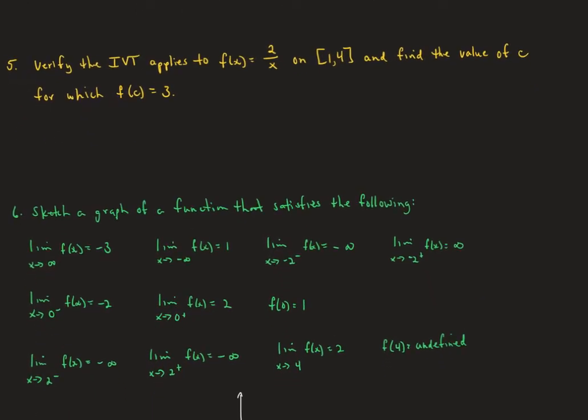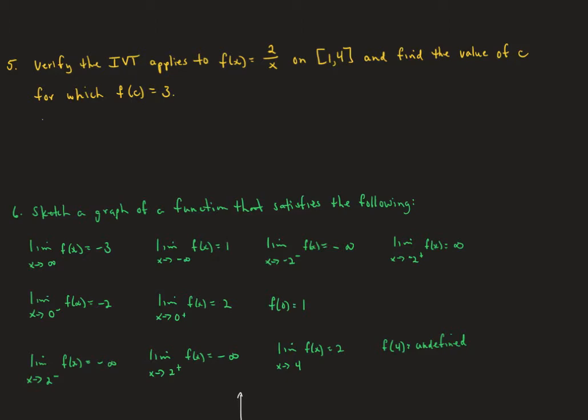We want to verify that the intermediate value theorem applies to f of x equals 2 over x on the interval from 1 to 4, and find the value of c for which f of c equals 3. The intermediate value theorem has to do with continuity.